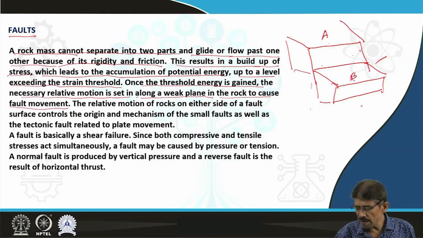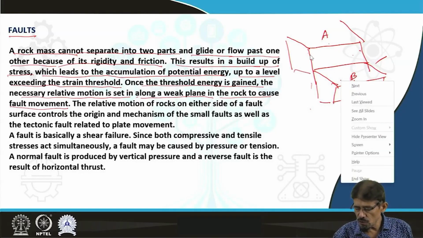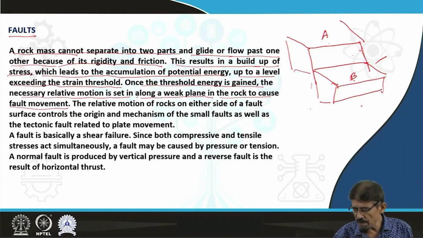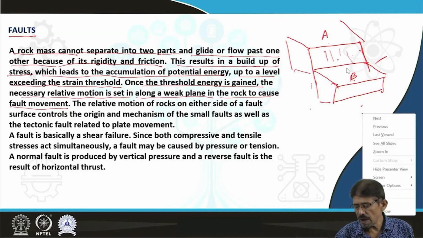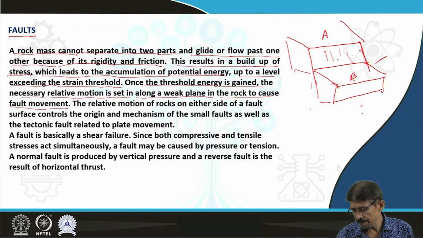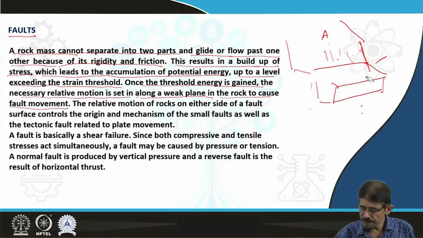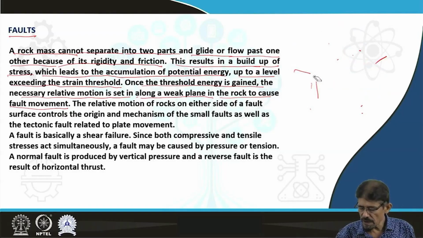B block was earlier part of this A block, but due to the formation of this type of interface discontinuity, B block started moving downwards and formed a fault. So we will discuss the details in our coming slides.